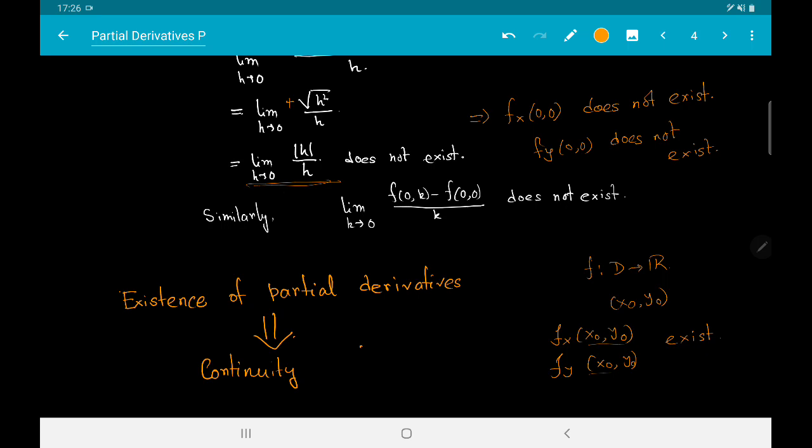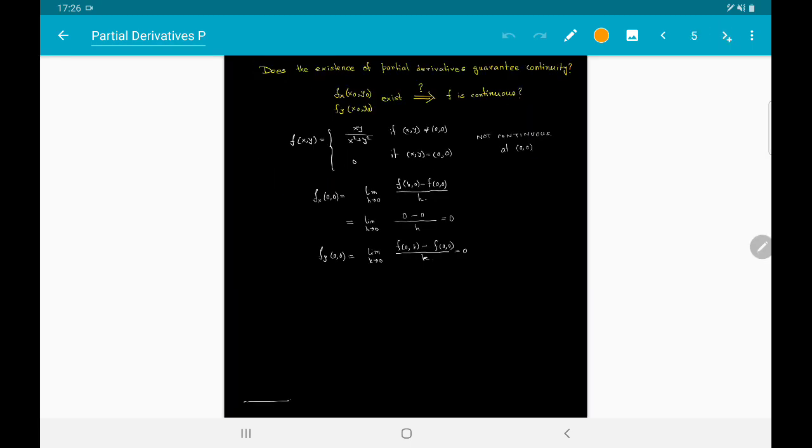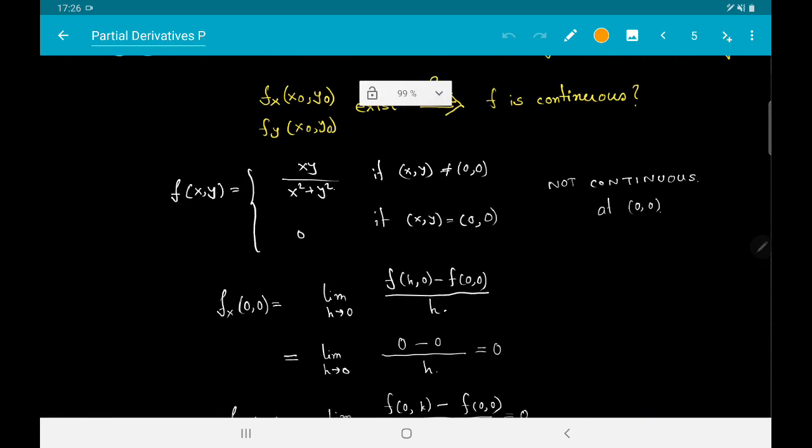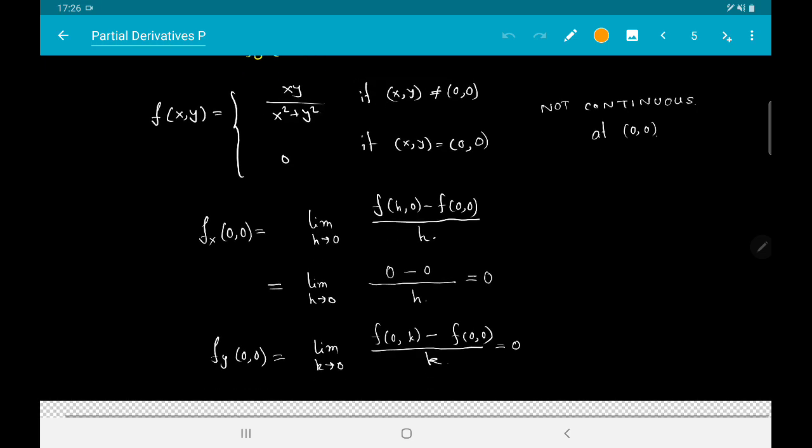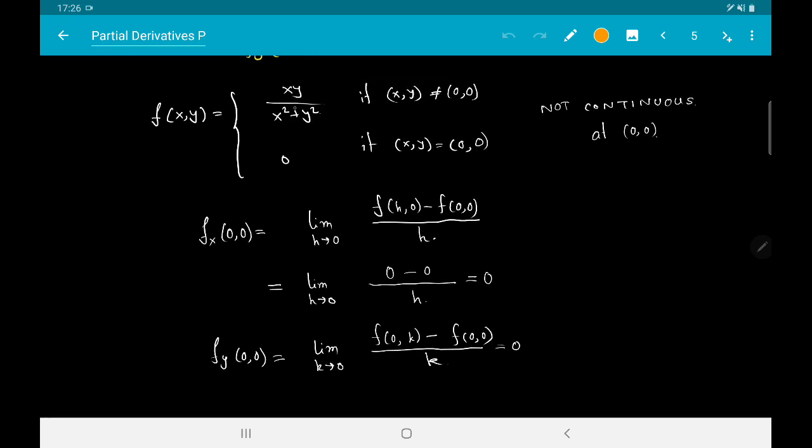But you know that if you are talking about a single variable function, then differentiable functions are always continuous. So here is a counter example. Suppose you take f of xy, which is given by xy divided by x square plus y square if xy is not equal to 0 0, and 0 if xy is equal to 0 0.